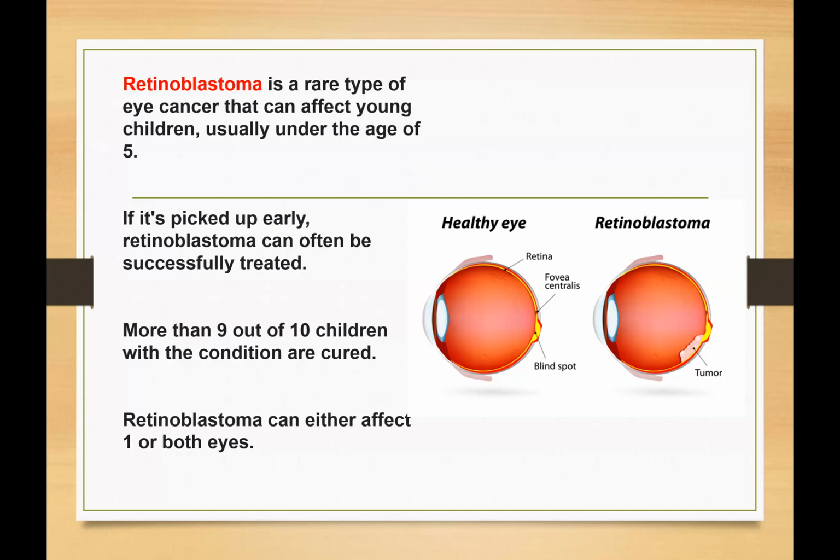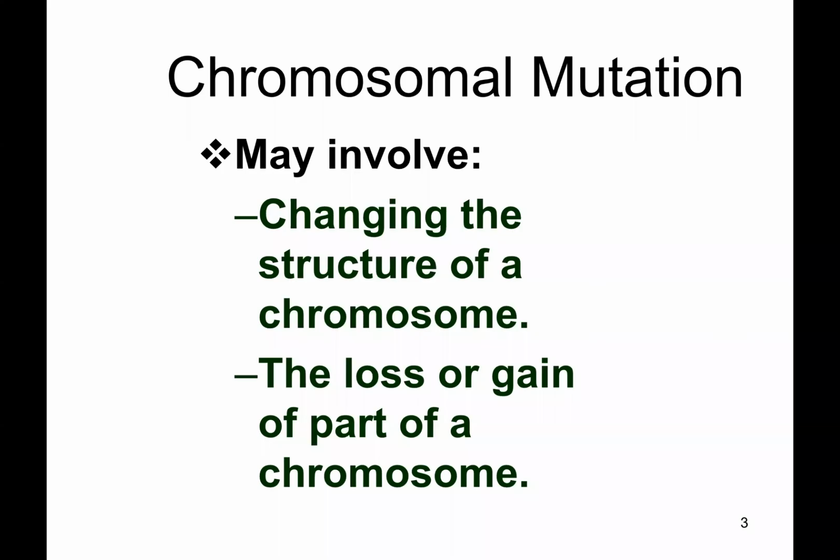Let us look at why it happens. What is the main cause of this type of cancer? This cancer involves chromosomal mutation. As you may recall, mutations at the gene level can be point mutations, double mutations, additions, or deletions of a single base pair or two base pairs.